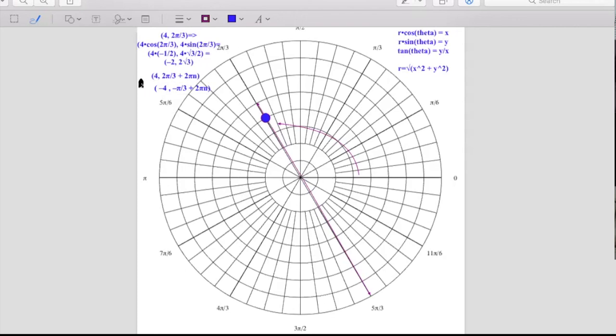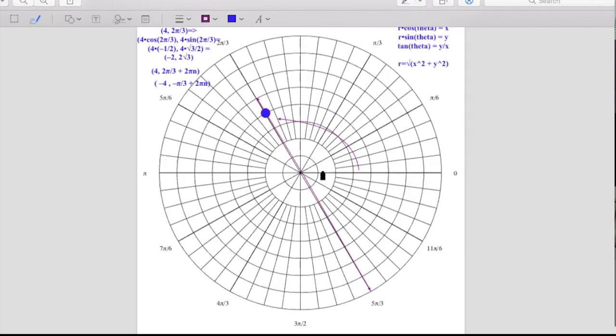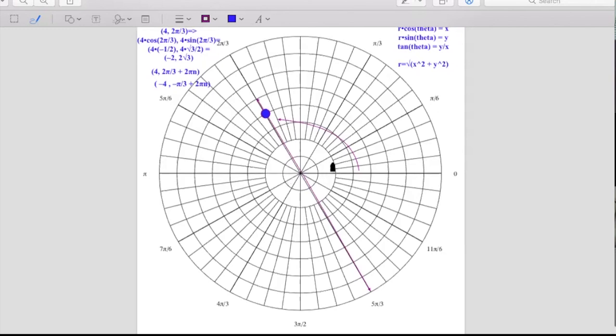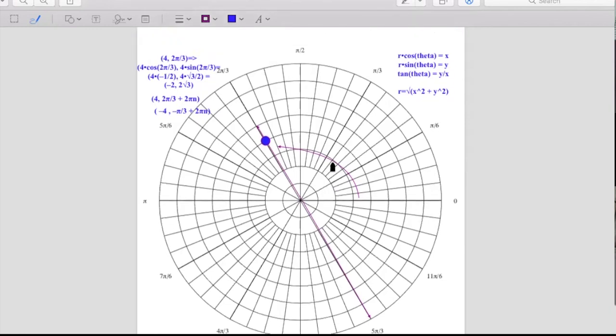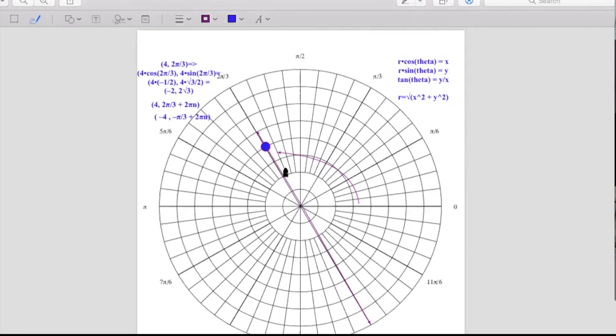So here are 2 infinite sets of ways to give you directions to get to this point, which is sort of crazy. If you remember, for the xy plane, any given point on the plane has only one way of getting there rectangularly. And this is sort of important too.